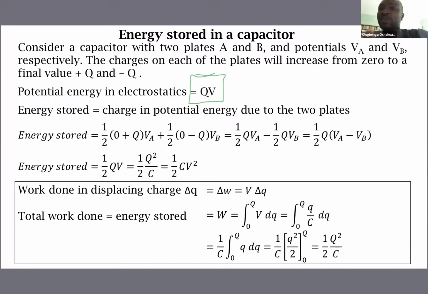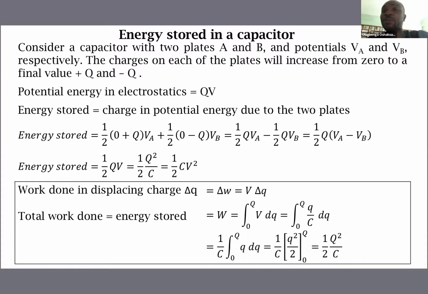Sorry, I've missed something. Potential energy in electrostatics is QV, but for the energy stored, we have to talk about the average.